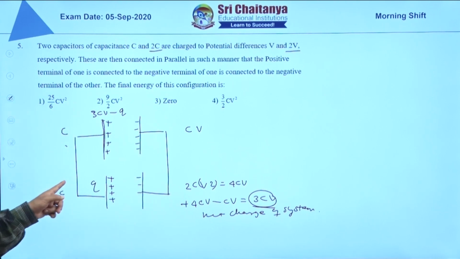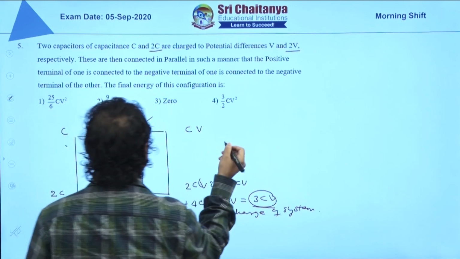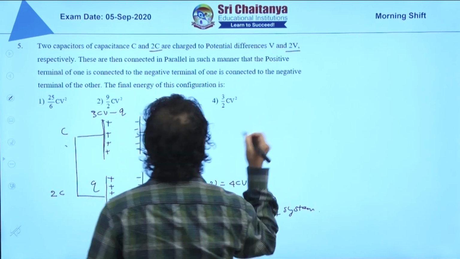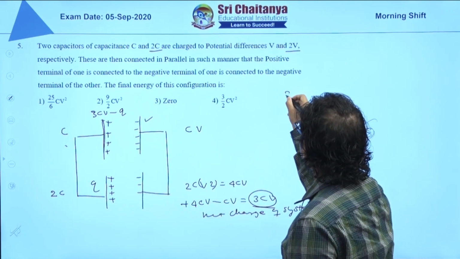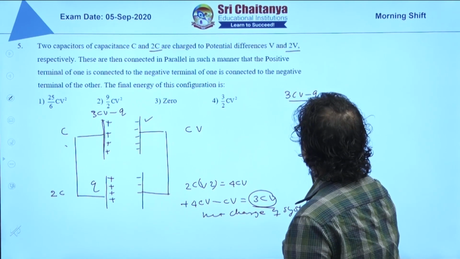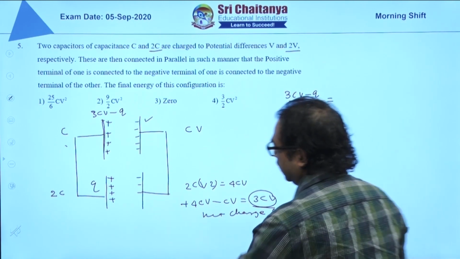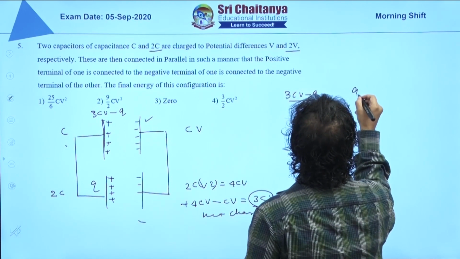So, they are parallel. So, we can write the voltage to be same. So, here what is the new voltage, V dash, whatever you can write. So, that is 3CV minus Q divided by C, which is equal to Q upon 2C.